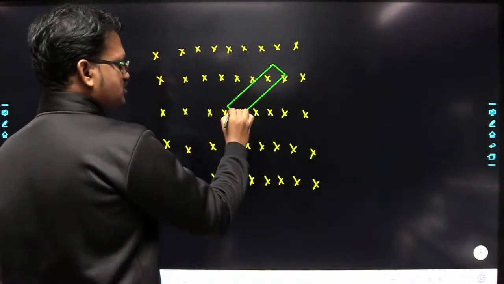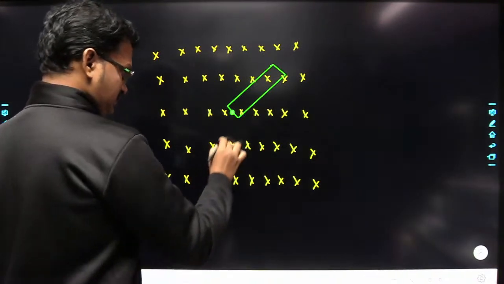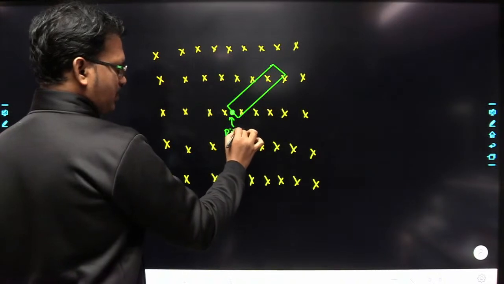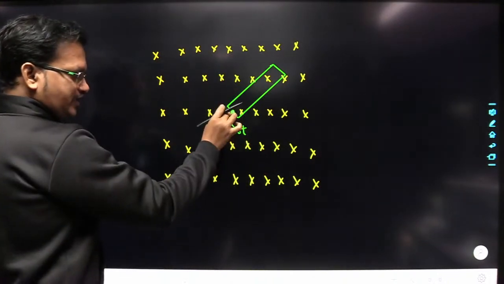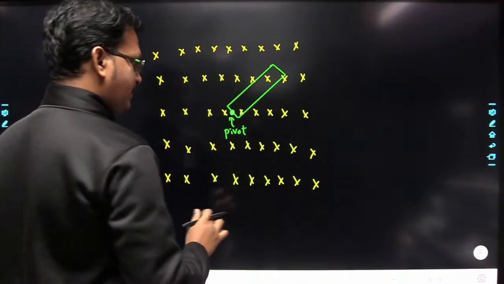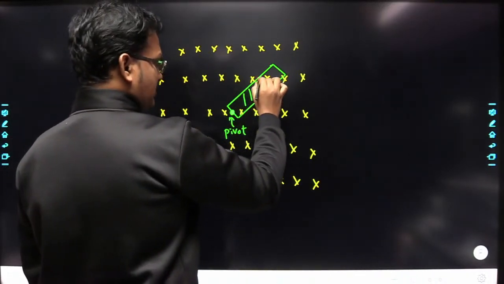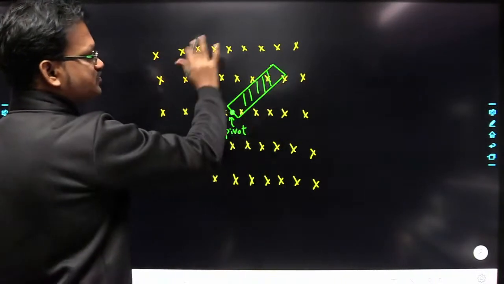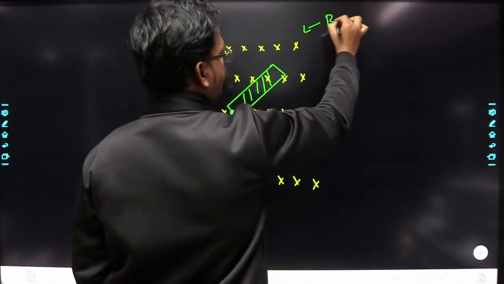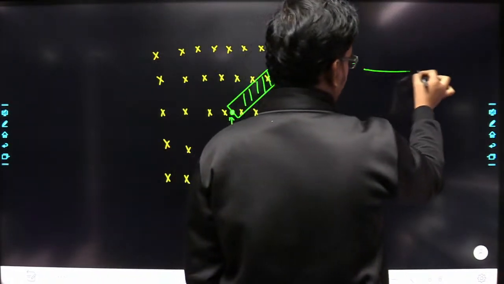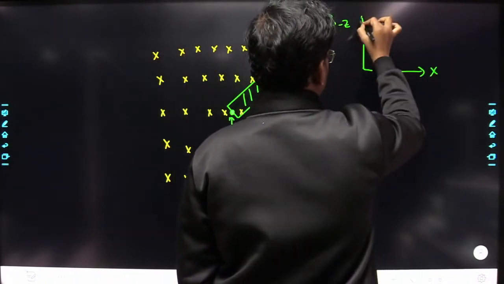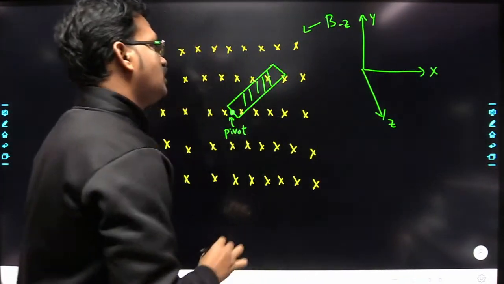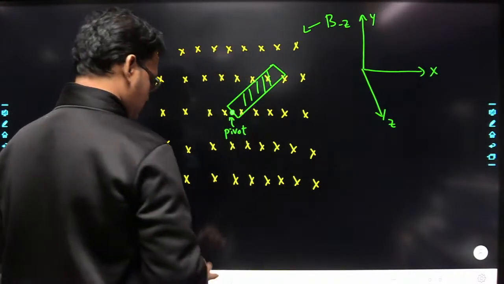This is the pivot point, so it is hanging at this point. Now let us assume this is the B field. This B field is pointing in the negative Z direction. Let us consider this is the X axis and Y axis, and this is the Z axis. So the B field is pointing into the board.